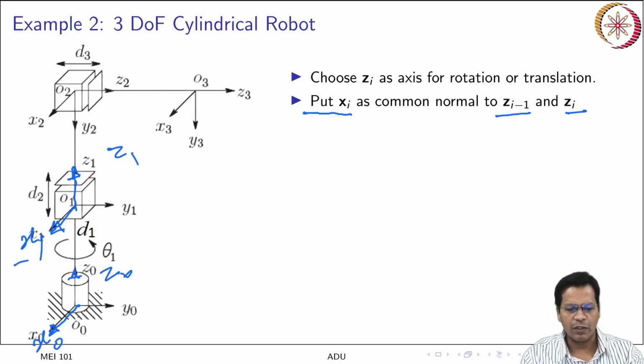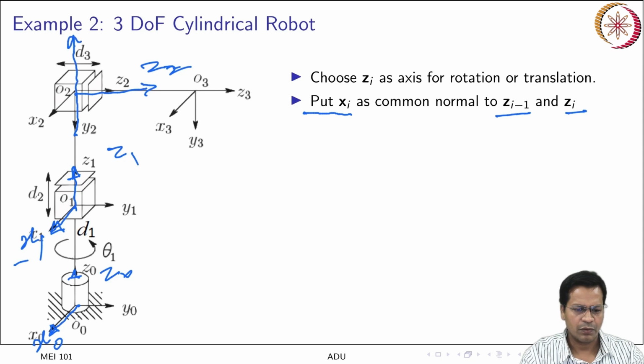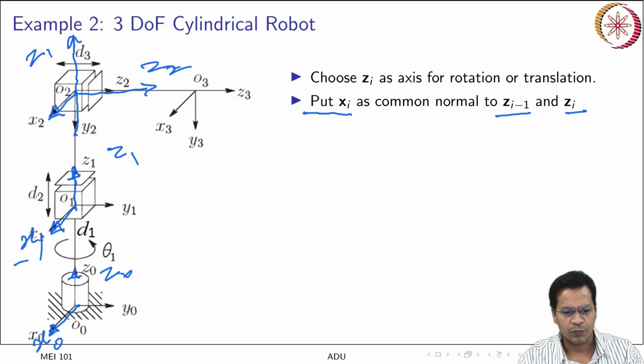Now this was your Z2 and this is your Z1. For Z1 and Z2, again the common normal to them is X2. So this becomes your X2.